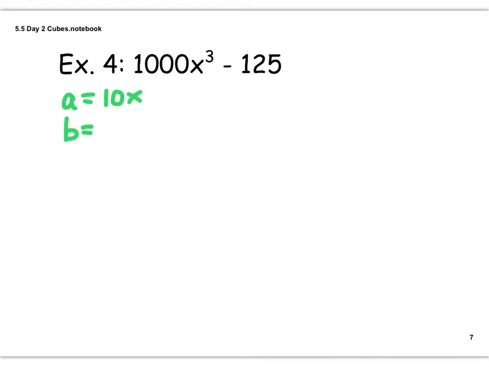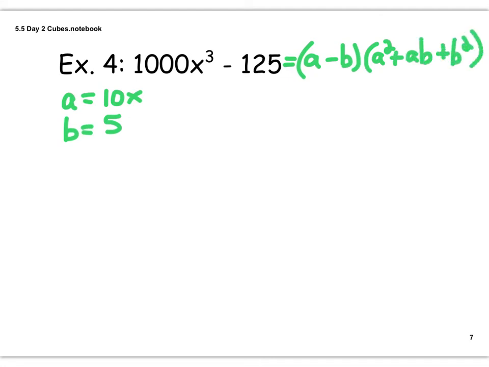The cubed root of that is 5. And I have here the difference of cubes. So according to my formula, I need to do this as my factors: a minus b multiplied by a squared plus ab plus b squared. Okay, so those are my factors.